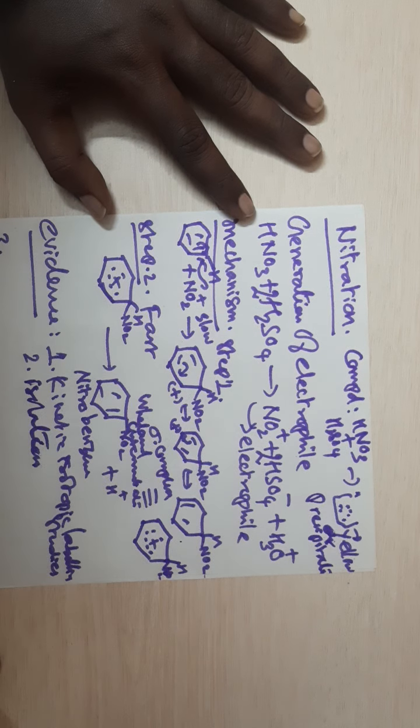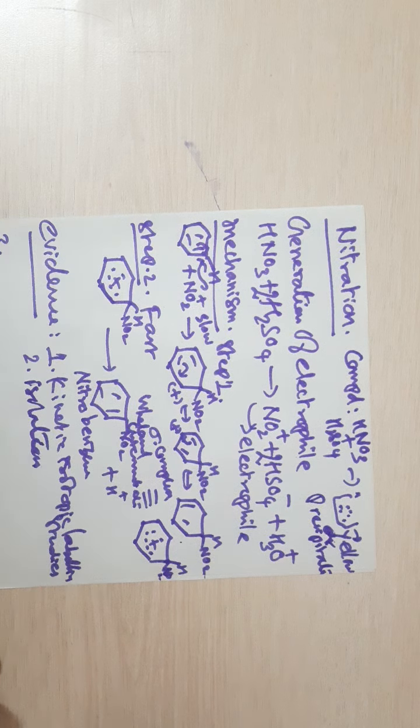If you mix two concentrated acids, namely nitric and sulfuric acid, then NO2+ electrophile is generated from the mixture. There are some compounds which are having this NO2+ group readily.